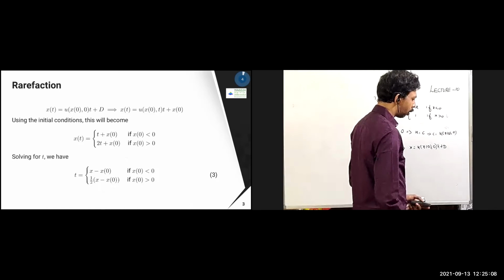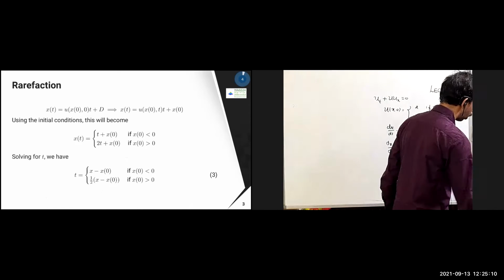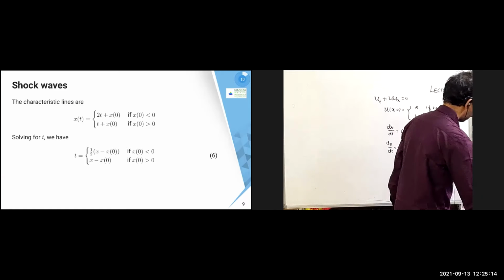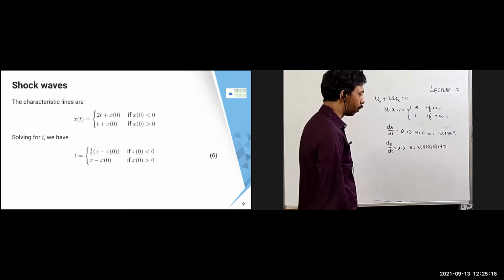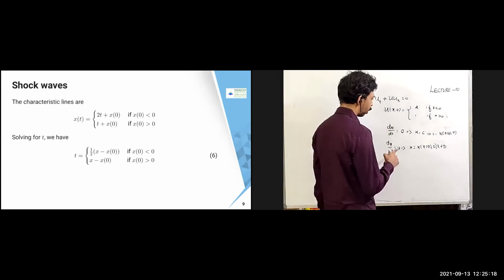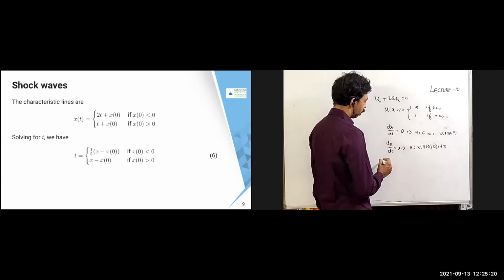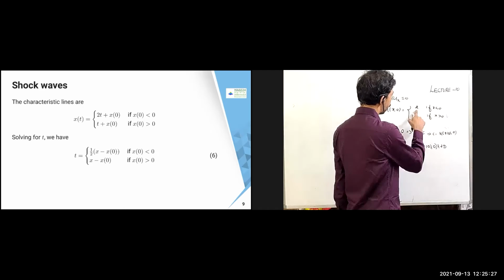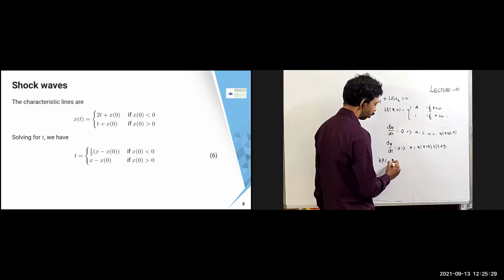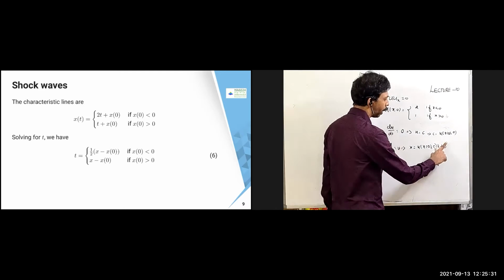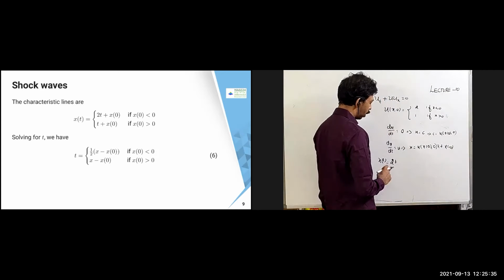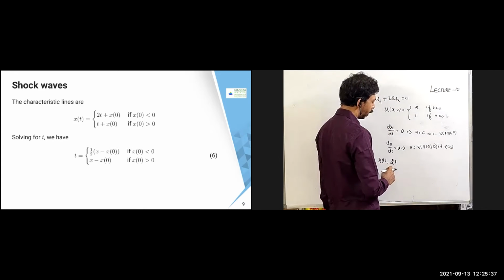Now I have x equal to this one. So I have to use the initial condition now. So x of t is going to be u of x of 0 comma 0. When x of 0 is less than 0, we are going to have 2t, so x of t is going to be 2t plus x of 0.